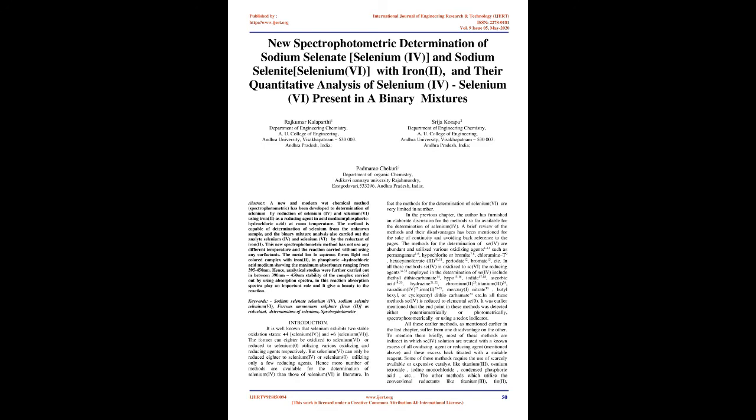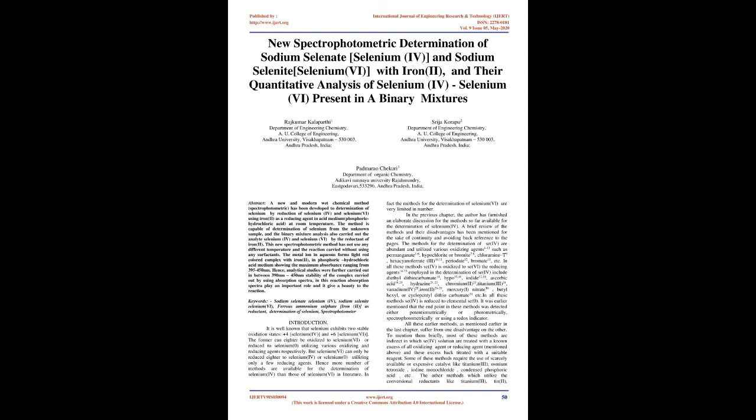Introduction. It is well known that selenium exhibits two stable oxidation states, +4 selenium(IV) and +6 selenium(VI). The former can either be oxidized to selenium(VI) or reduced to selenium(0) utilizing various oxidizing and reducing agents respectively.